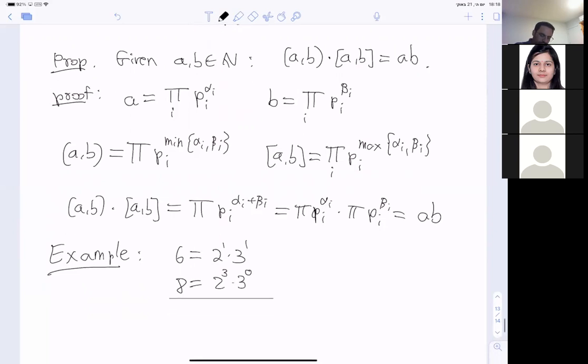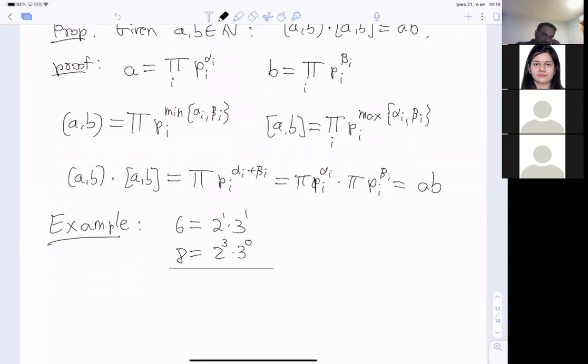So if you want to compute the GCD in these brackets, you take the minimal power for any prime. So the minimal power is this one, and for 3, this is the minimal. And so it's just 2.